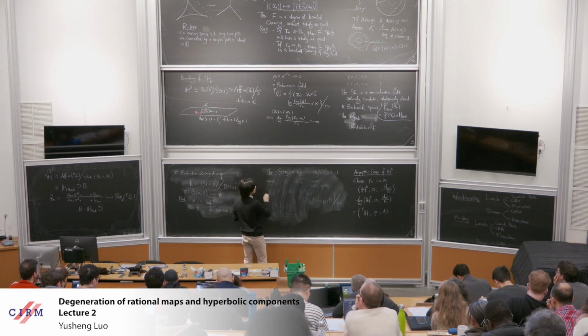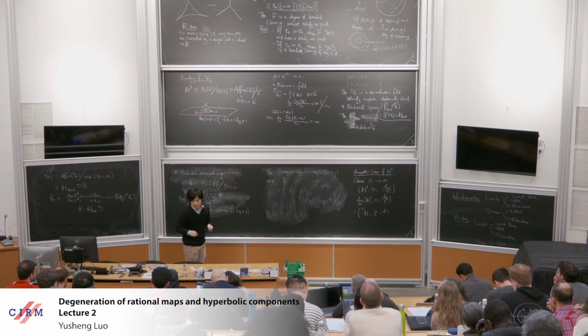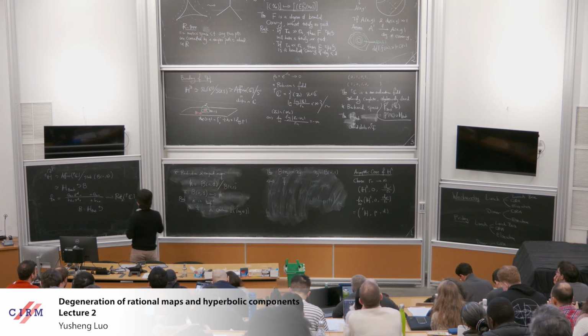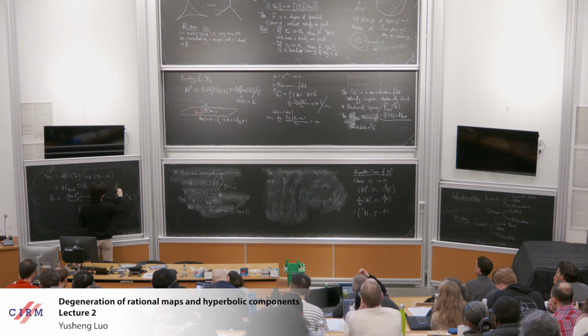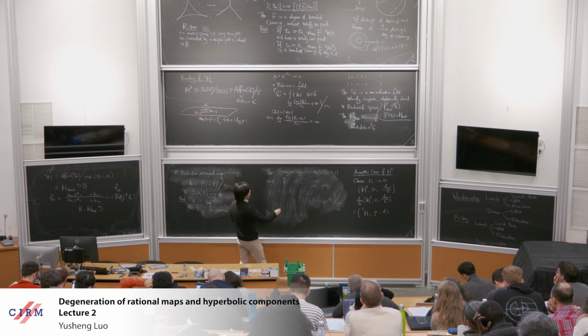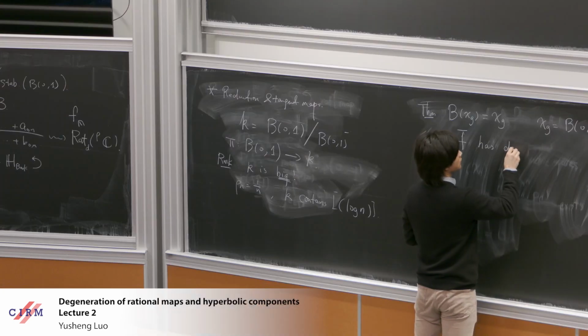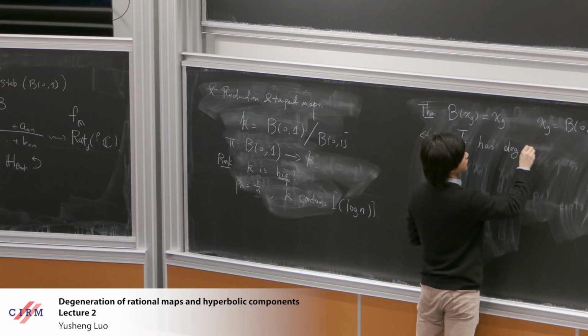This happens if and only if, when we look at the reduction. So let me also give a symbol here. I'm going to denote this rational map as F. This reduction has degree greater or equal to 1.